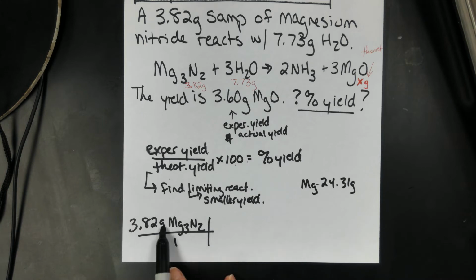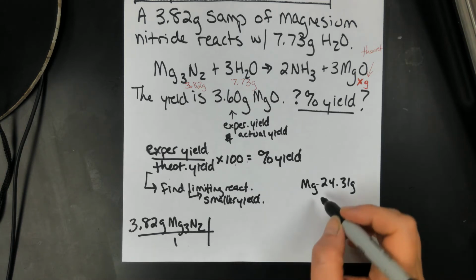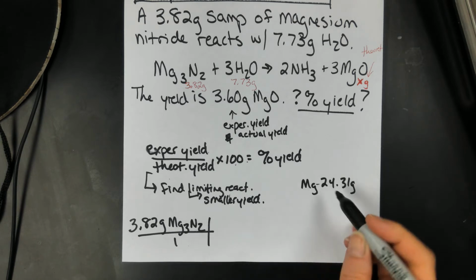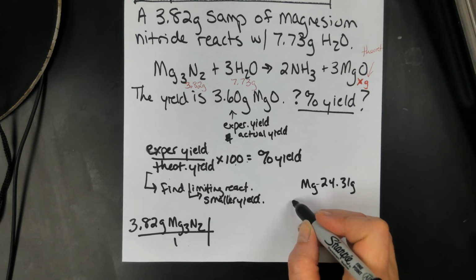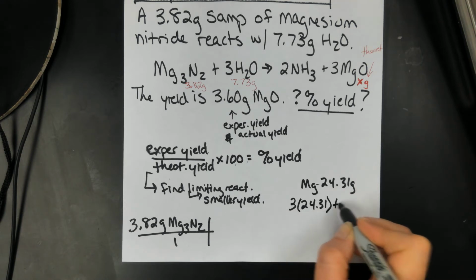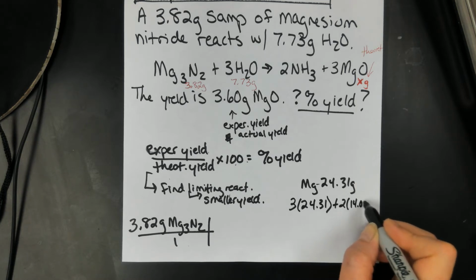If I need to turn this into moles, what do I need? I need the molar mass, right? So if magnesium weighs 24.31, we can do that. I'm going to have 3 times 24.31 plus 2 times 14.007.